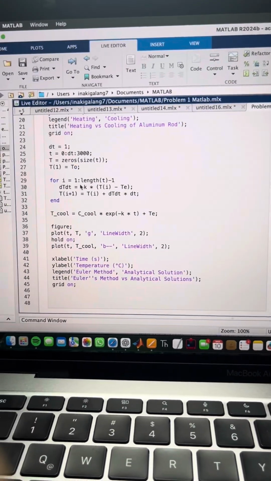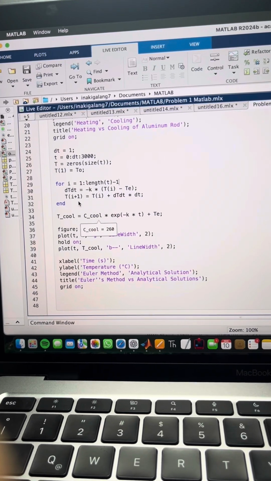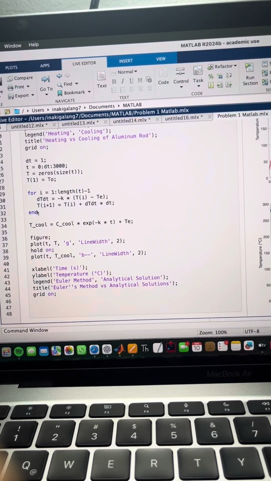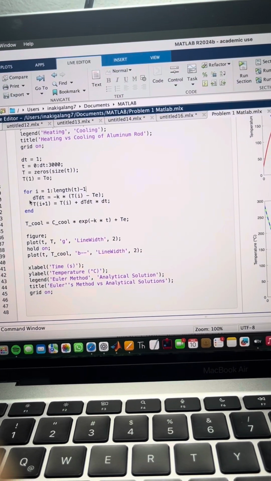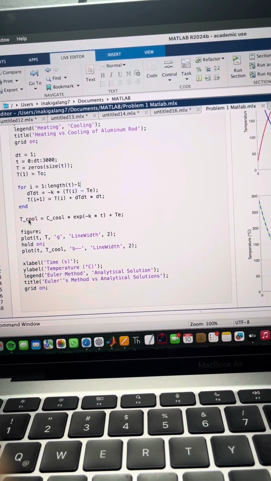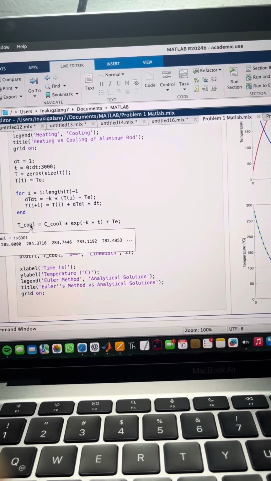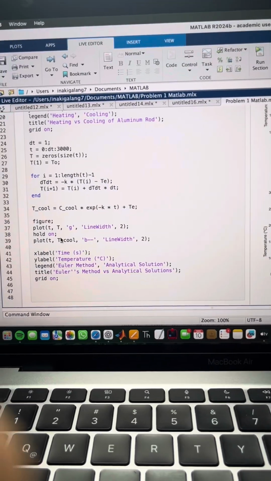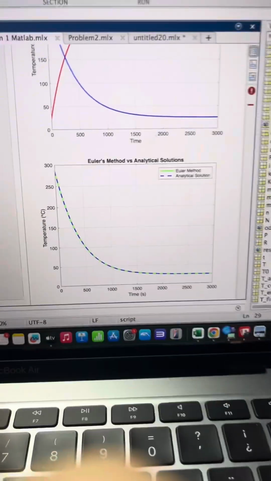Here I have the function for Euler's method, and here is the temperature rate of change, dt, and the temperature using Euler's method. Then this is to make sure that T cool is the same size, and here is where to graph them, and you get this.